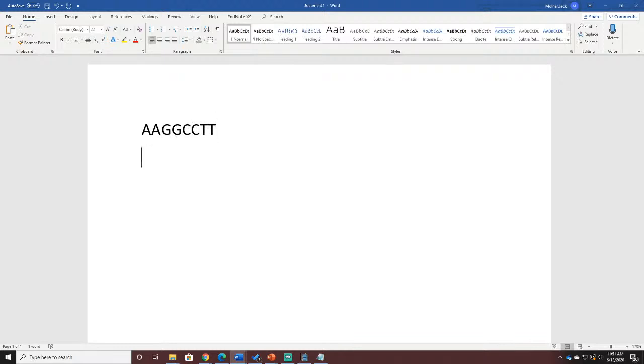All right, and this is a double-stranded DNA molecule, and so the other strand would have to be TTCCGGAA, right? Because A binds to T, G binds to C, C binds to G, and then T binds to A, right? So these are the 2 strands of DNA, and if we say that this is the coding strand and this is the template strand, okay.